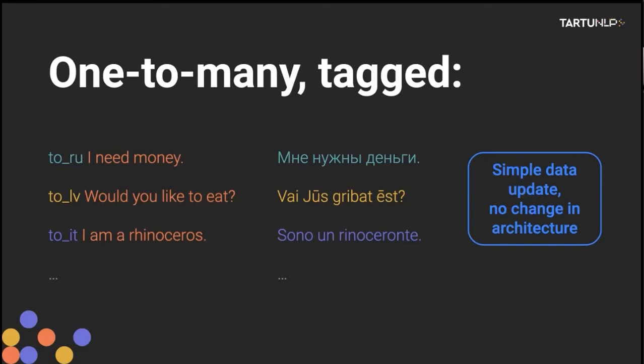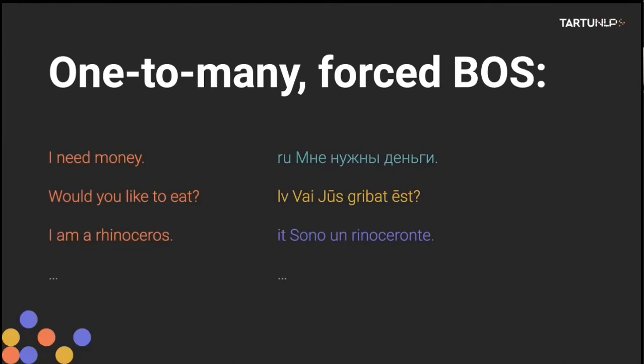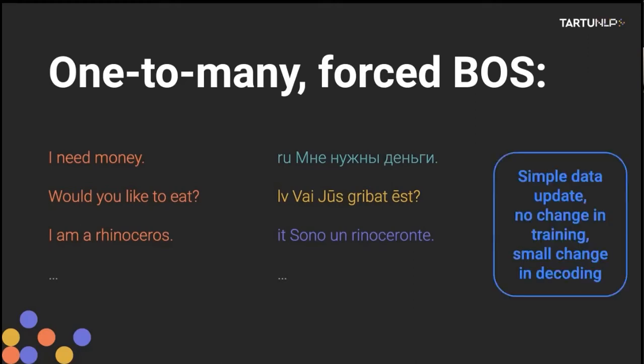However, there is a different approach which is preferred by many systems nowadays, and this is not passing a tag into the encoder, but rather using a specific tag in the decoder. Again, there's no change in training, and there is a small change in the decoding.